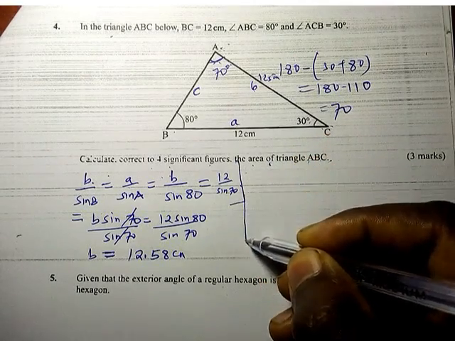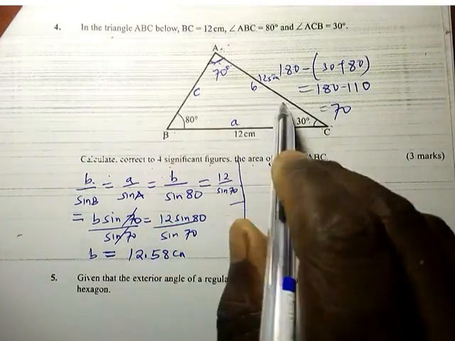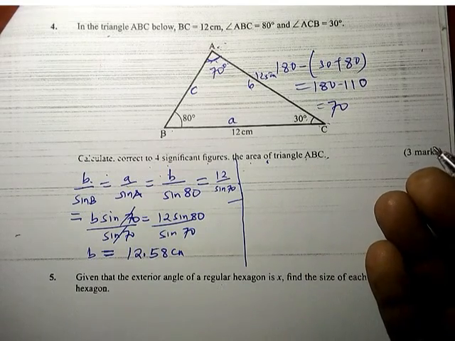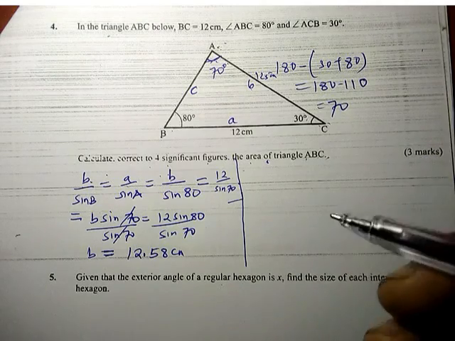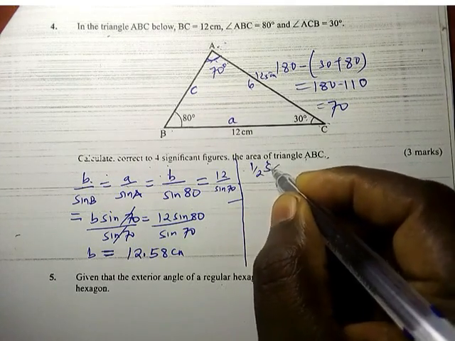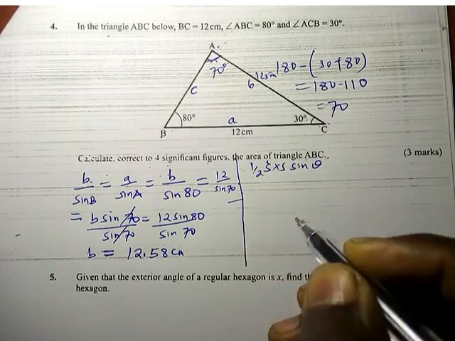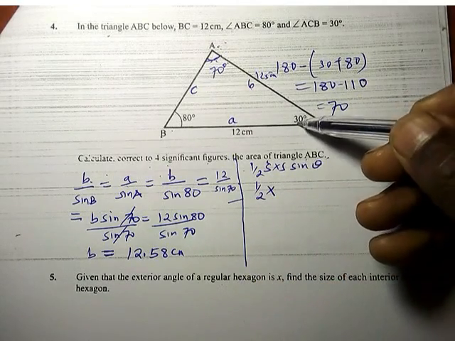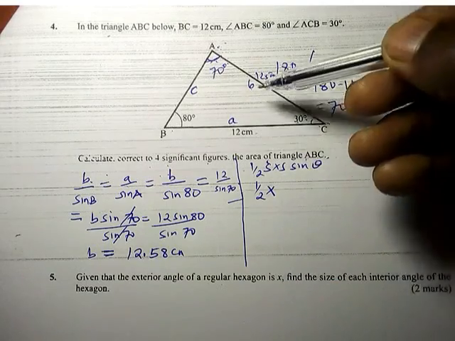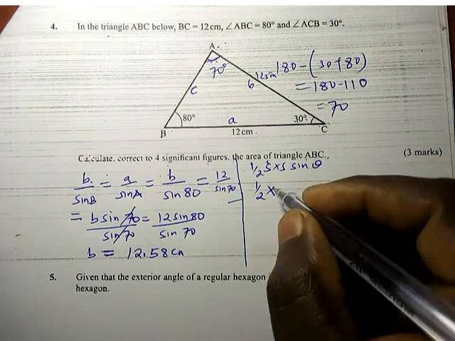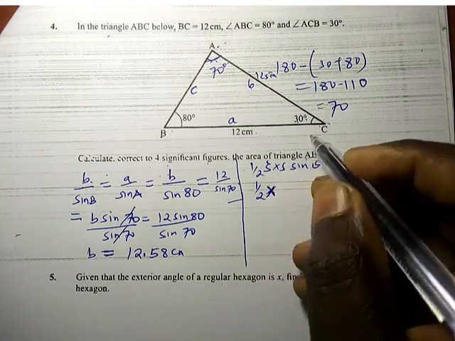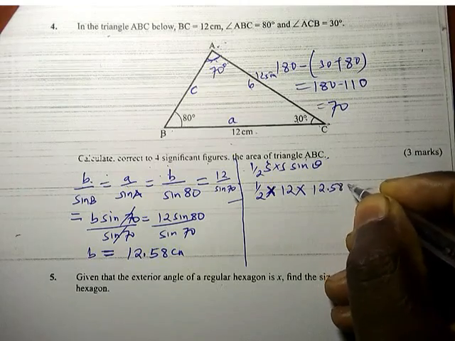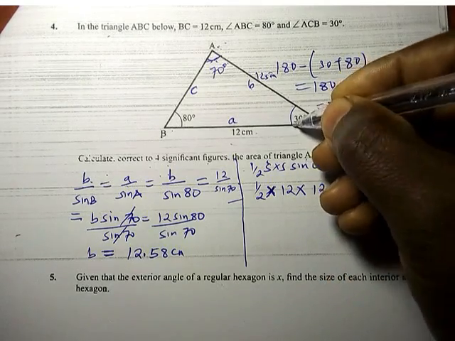But our intention was to calculate the area of triangle ABC. We have two formulas. We can use Heron's formula, or we use a half side times side sine theta. That's what I'm going to use. A half times 12 times 12.58 times sine of this angle that is between, 30.